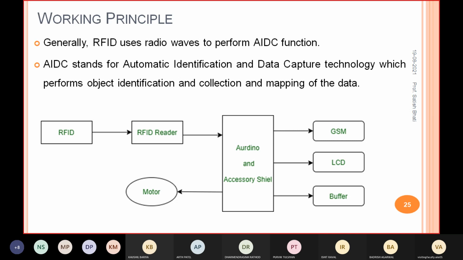For example, you have a supply chain kind of system, where you are manufacturing some product and the product is passing from one place to another through a conveyor belt. At a particular place you place the RFID reader, and it reads the information from the tag pasted on the product.